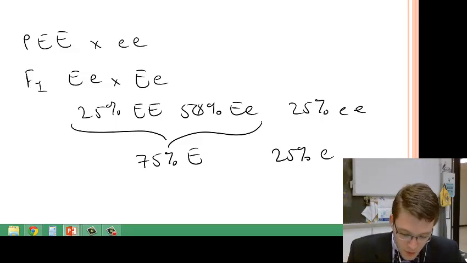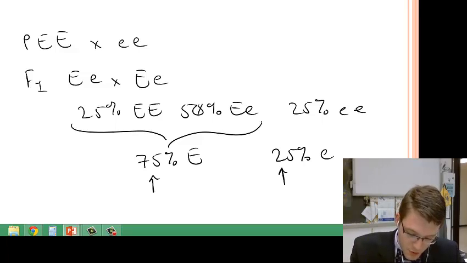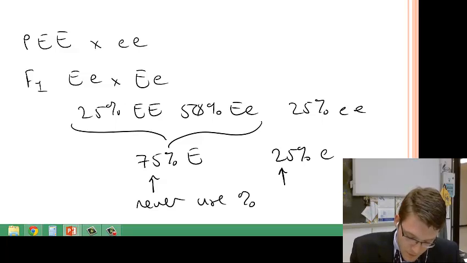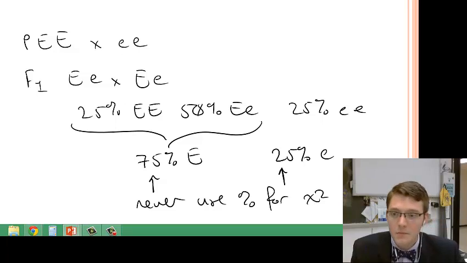The tricky thing with chi-square analysis is that you can never use percentages. Rather, you have to use counts.